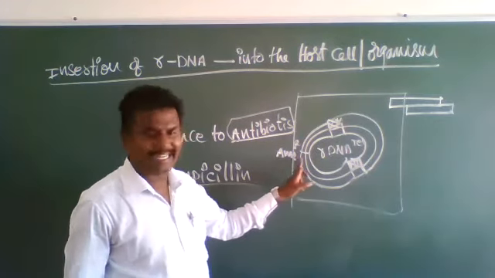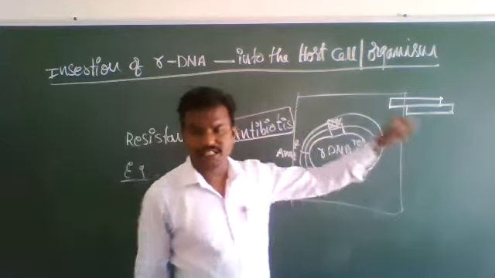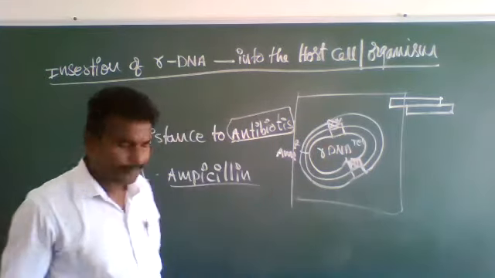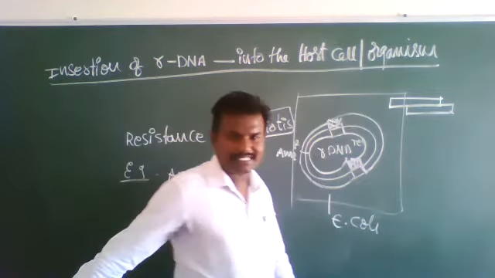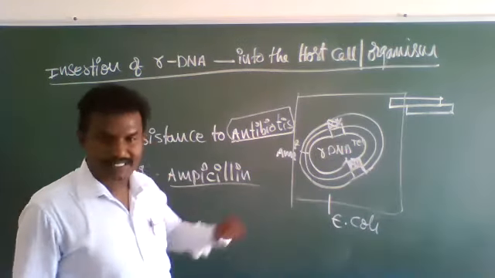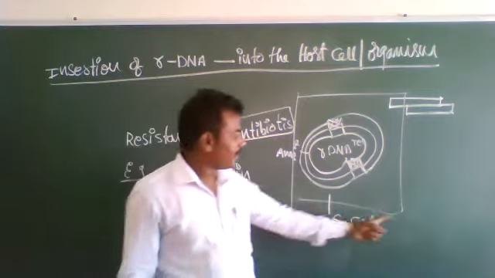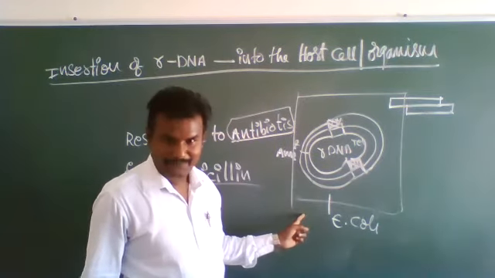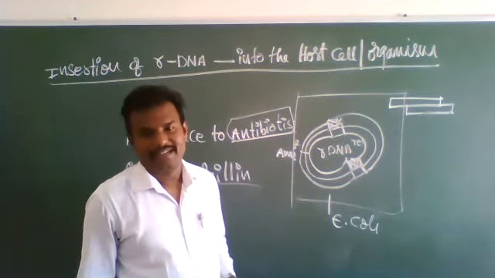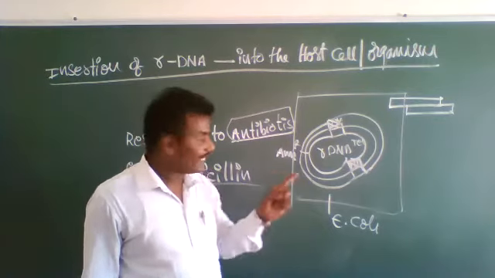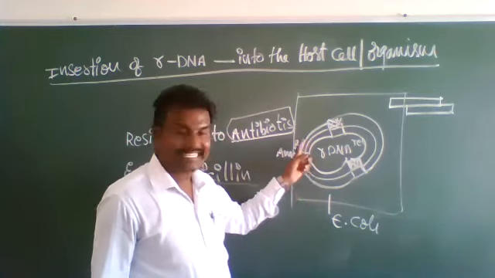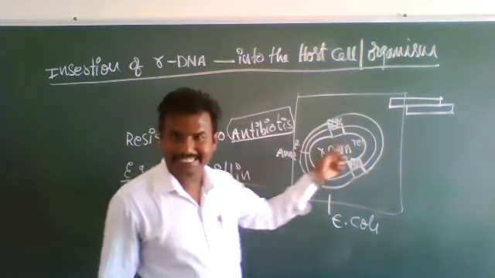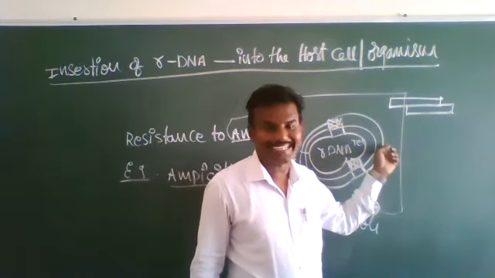If the ampicillin-containing gene is transferred into E. coli cells, this E. coli bacteria becomes resistant to ampicillin, because the ampicillin gene is intact, but the tetracycline gene is not intact.